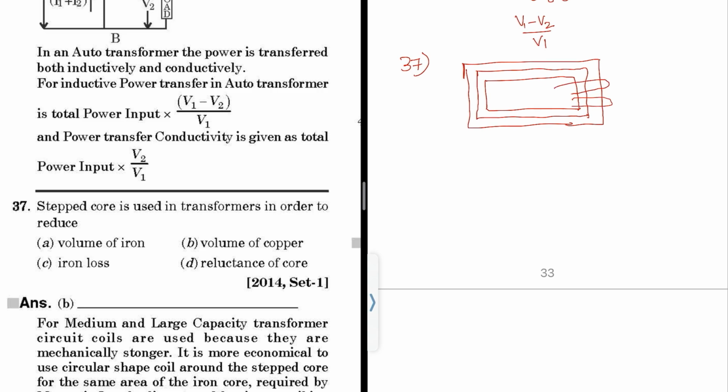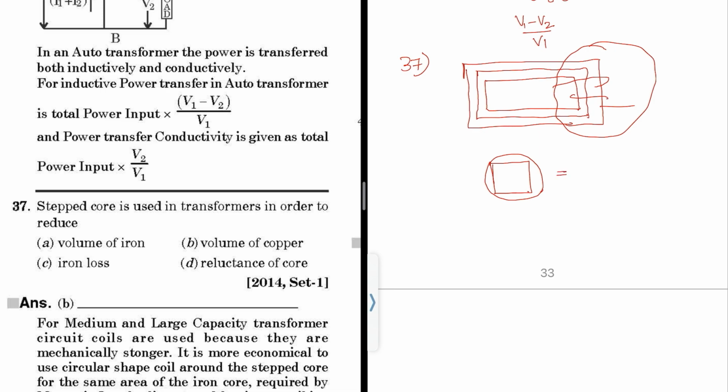So the winding will be like this. If I draw this portion separately, the core has this shape, and the winding is around this core, right?